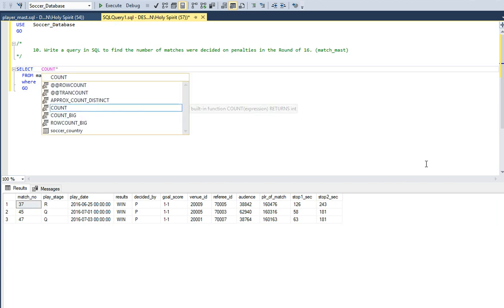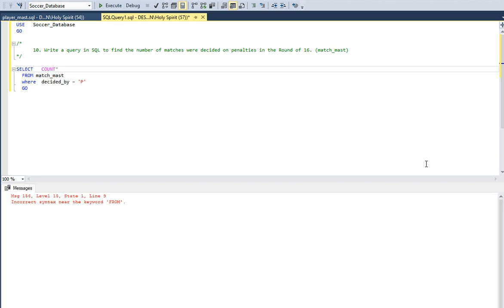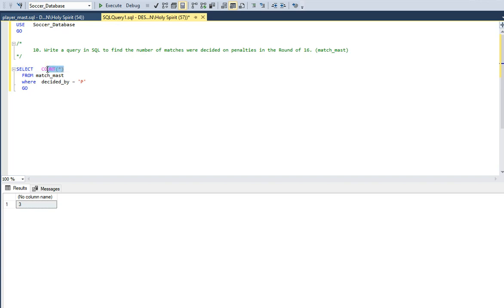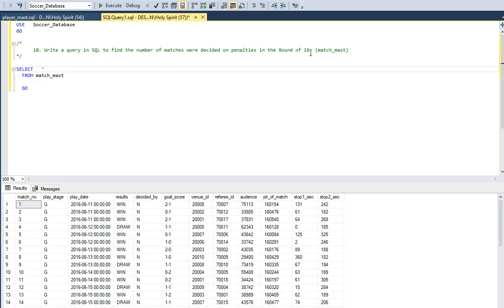The number of, we have to count it. F5. 3. So this is the query for the number of matches decided on penalties in the round 16. It is round 16, it is a 2016, I think. Yeah, there is no such thing as round 16 here, to be honest.